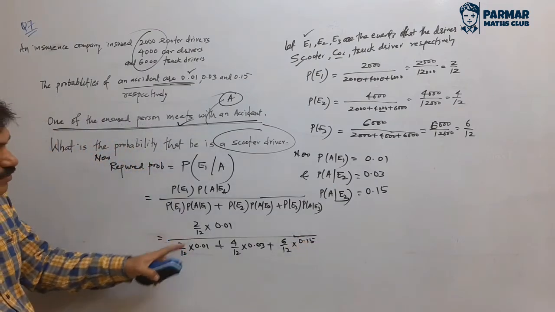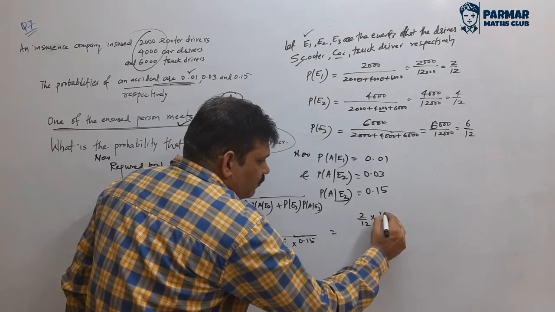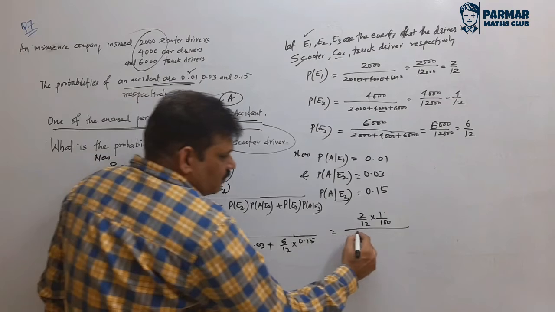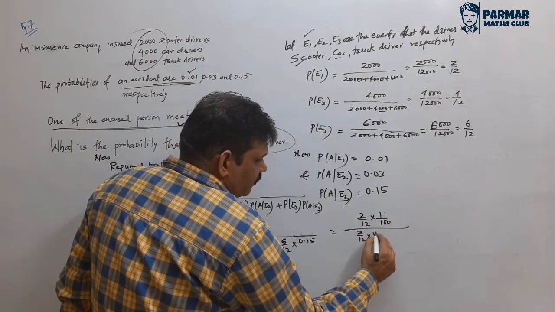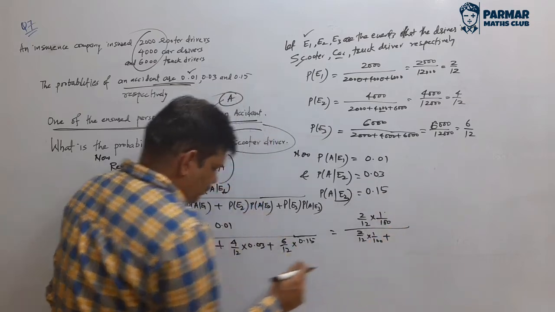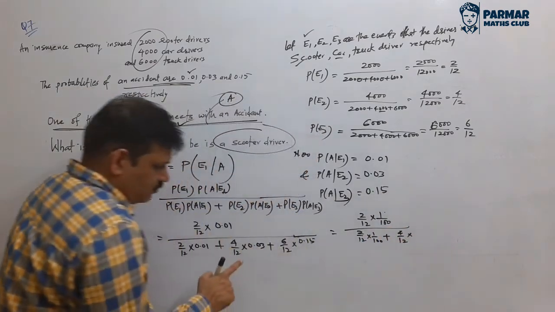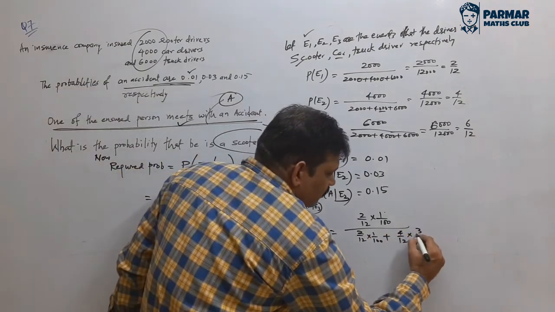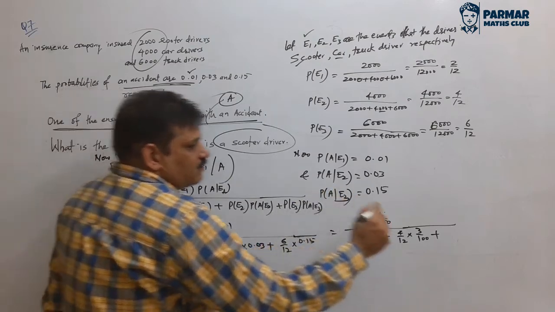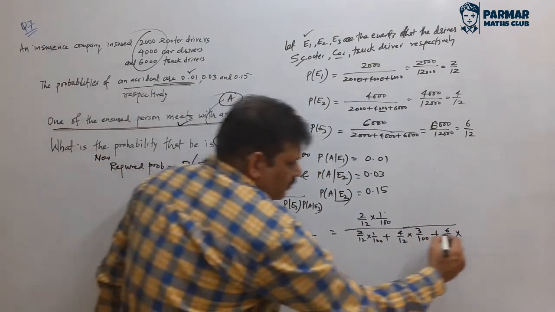Now this will give us 2 by 12 into 1 by 100, plus 4 by 12 into 3 by 100, plus 6 by 12 into 15 by 100.